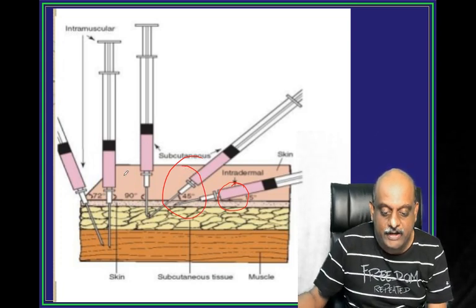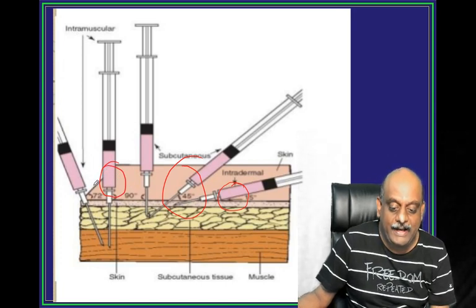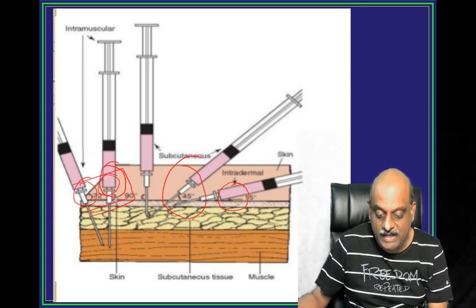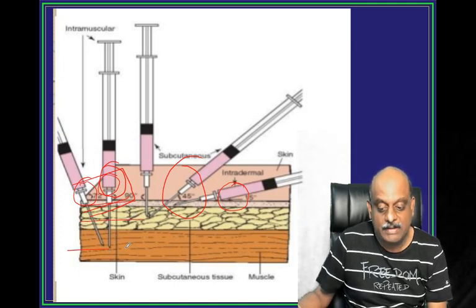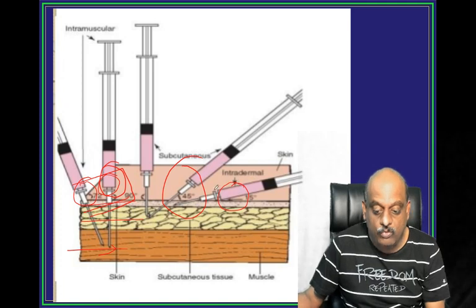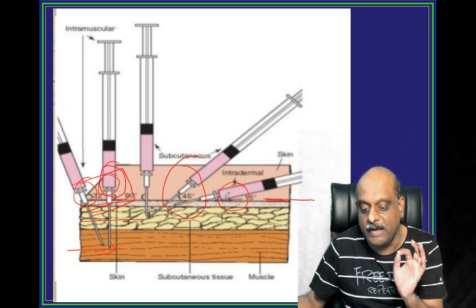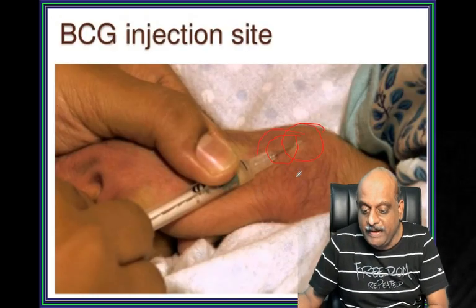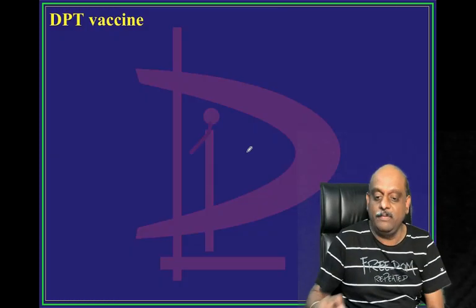And to give intramuscular, typically it can be 70 to 90 degrees. You know very well there is skin, subcutaneous tissue and muscle. So what you are doing is giving directly into the skin. That is called intradermal. For intradermal, what should be the angle at which you are administering? 15 degrees is the angle. This is what you need to remember.